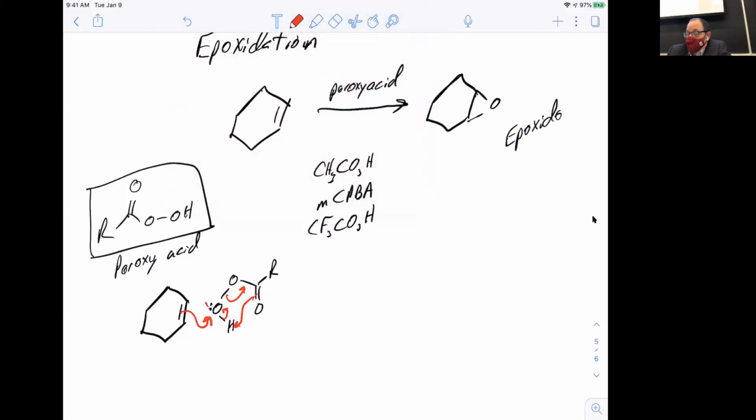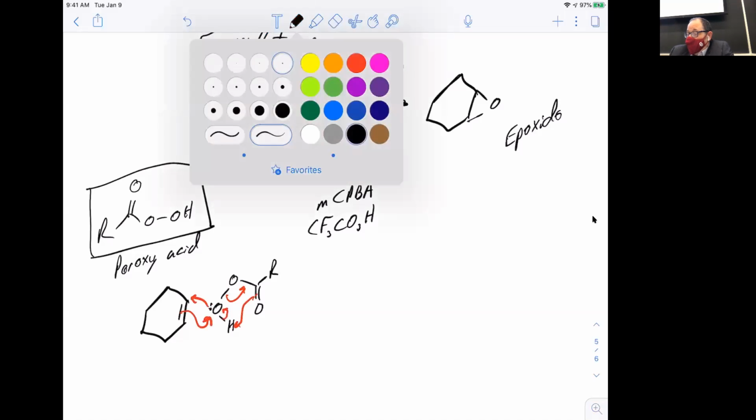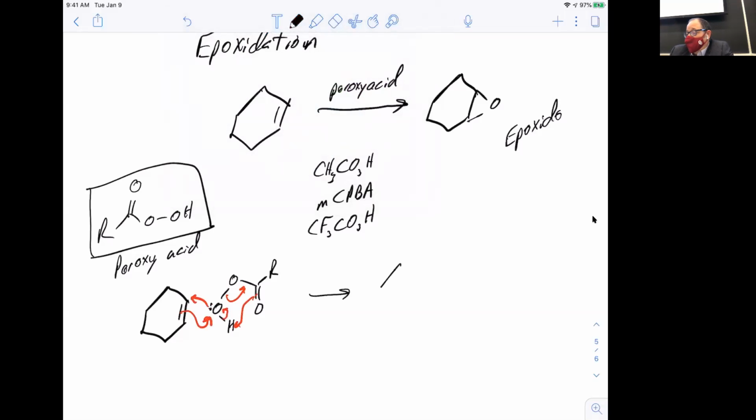And it's actually this lone pair that attacks the carbon. So we have this kind of cyclic movement of electrons in the peroxy acid. And the result is that we've now added, in a concerted mechanism, the oxygen to the double bond.